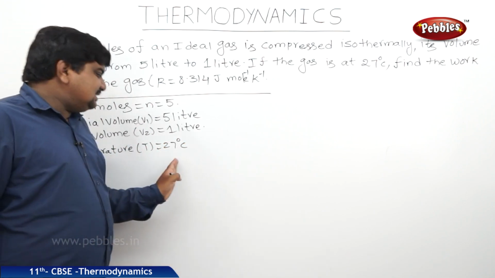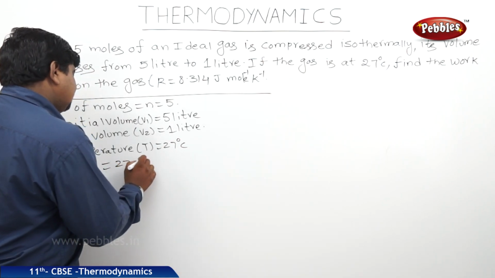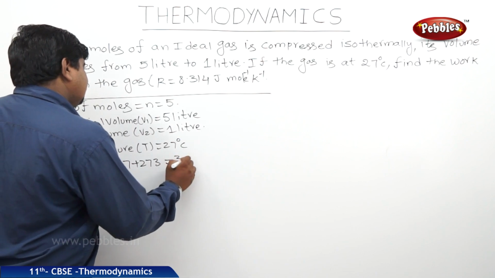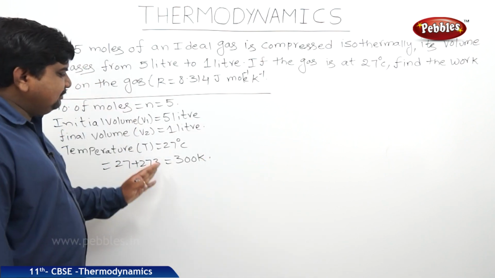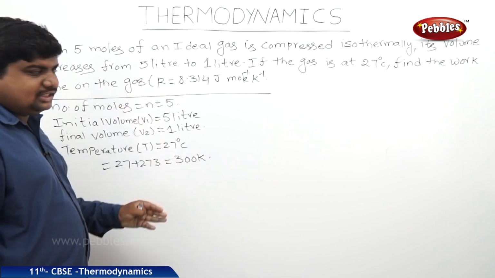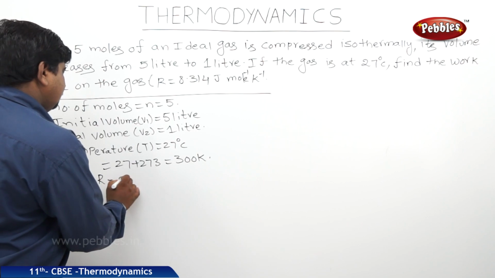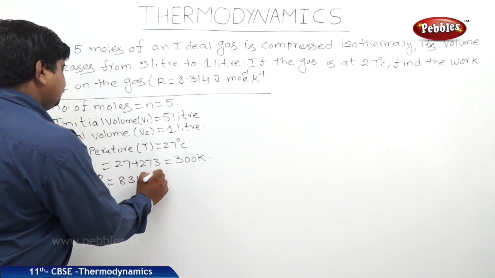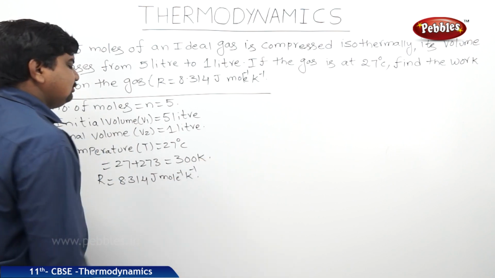But we should convert this temperature into Kelvin scale. Therefore, it is 27 plus 273, nothing but 300 Kelvin. Okay, the information we need to solve the problem is ready. And R is equal to 8.314 joules mole inverse Kelvin inverse.